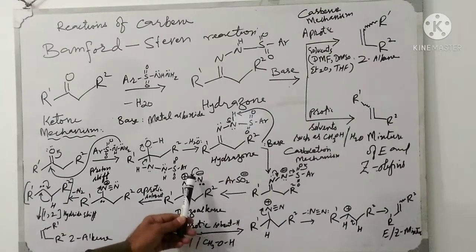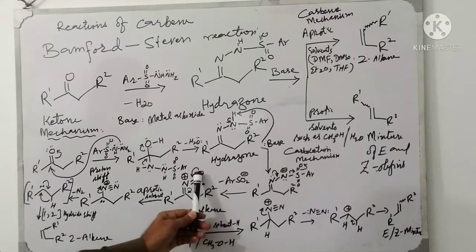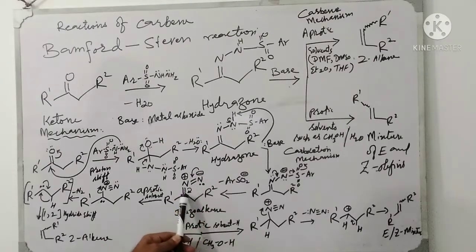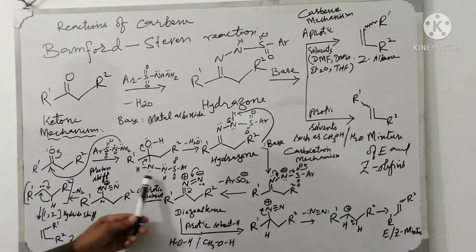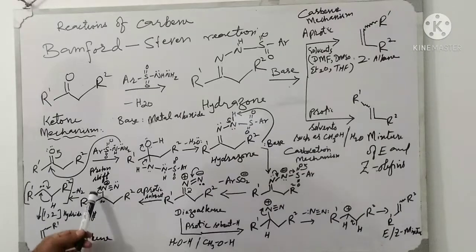In this diazoalkane, the negative charge on this nitrogen comes back, and the two electrons are shifted over here. Later on, in the presence of the aprotic solvent, carbene is formed. From here, this nitrogen is removed, and then we get a carbene. Carbene undergoes 1,2 hydride shift.